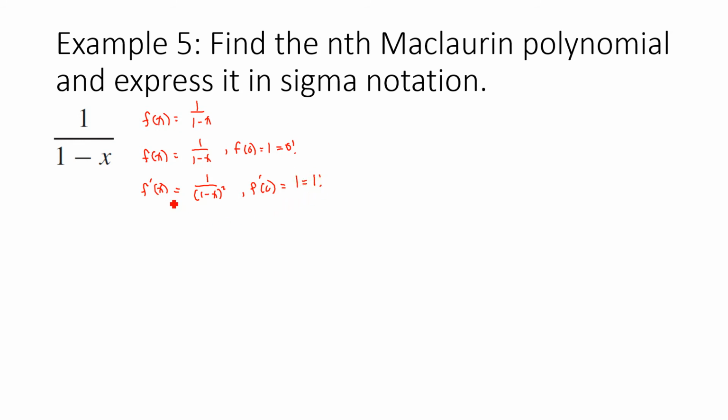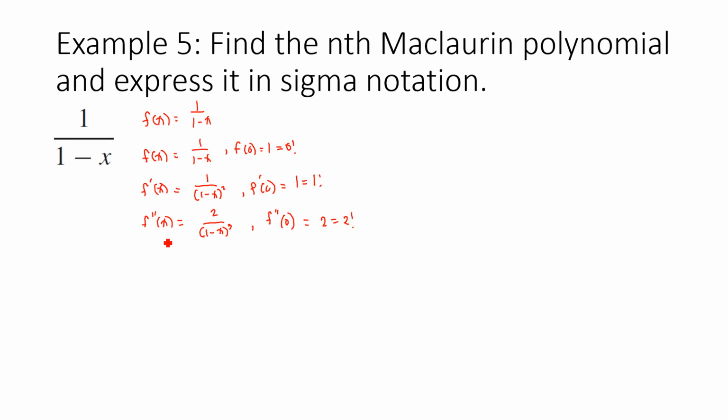Then the second derivative of f of x is equal to 2 over the cube of the quantity 1 minus x, and substituting 0 gives 2, or 2 factorial.